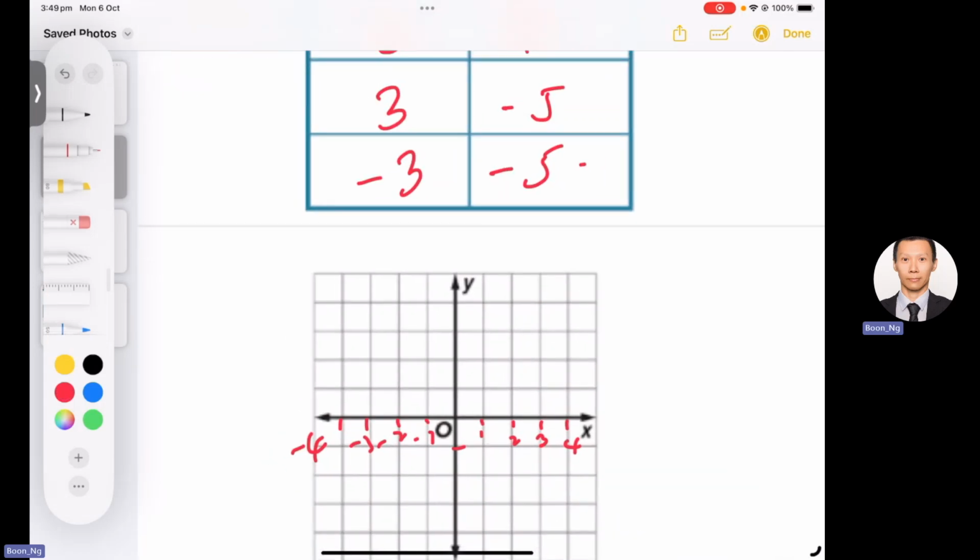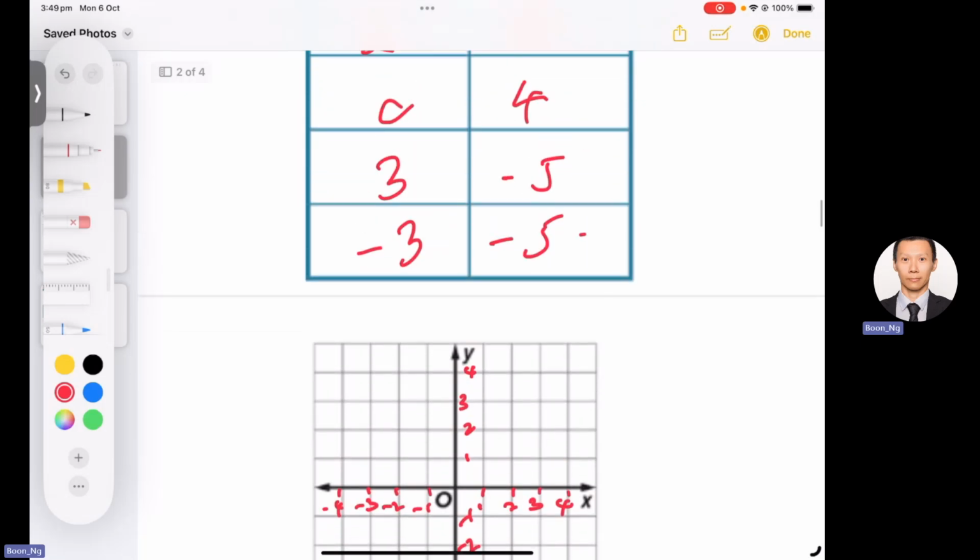Let me rearrange it so that it looks a bit better. 1, 2, 3, 4, negative 1, negative 2, negative 3, negative 4.